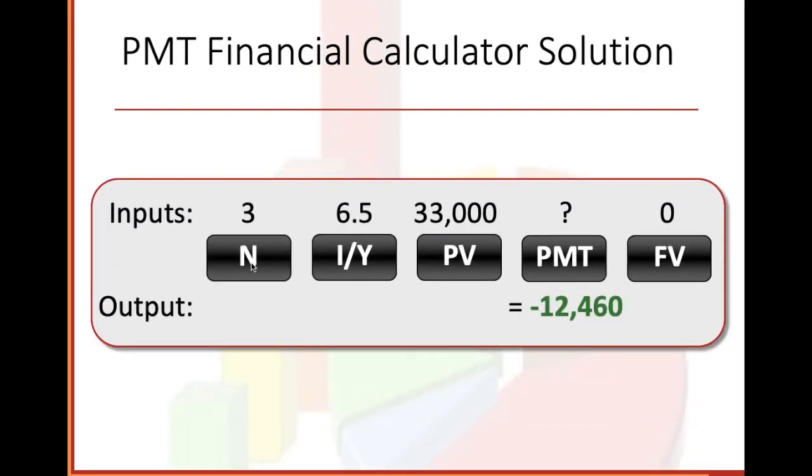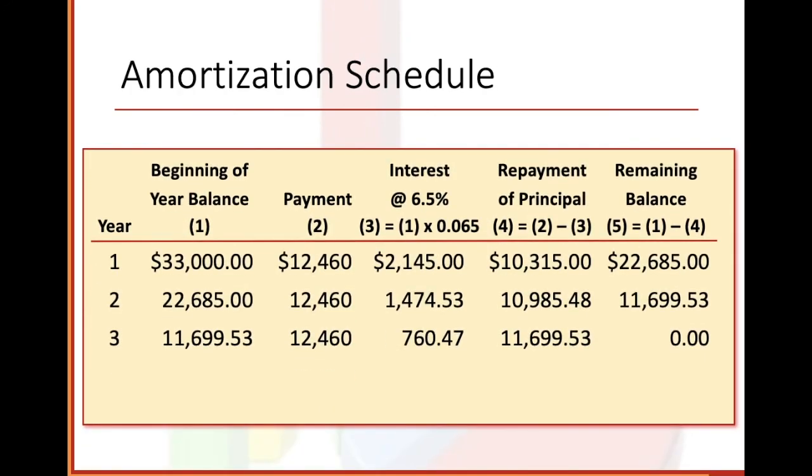We have 3 equal payments, or N is 3 years, 6.5%, 33,000. What we're trying to calculate is our equal payments with our interest. Future value is 0, so minus 12,460. So that's how much our payments will be: $12,460 equal payments.